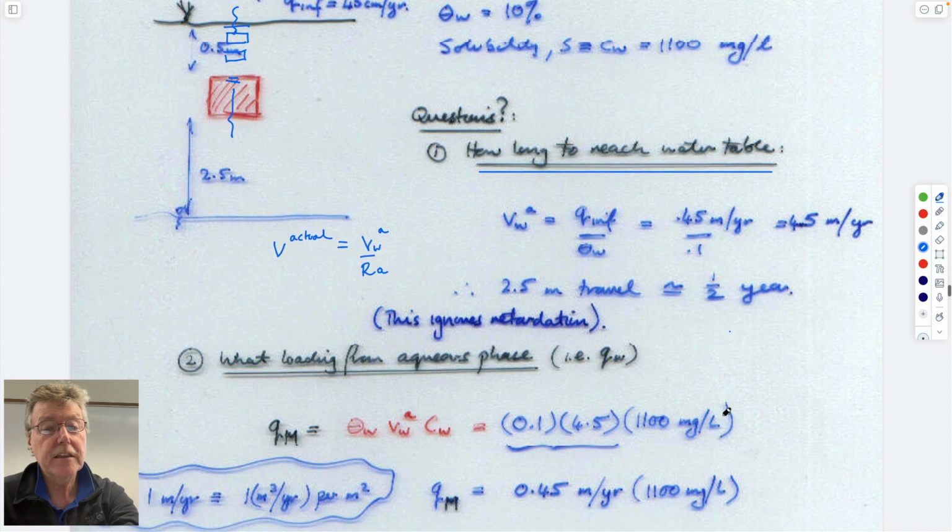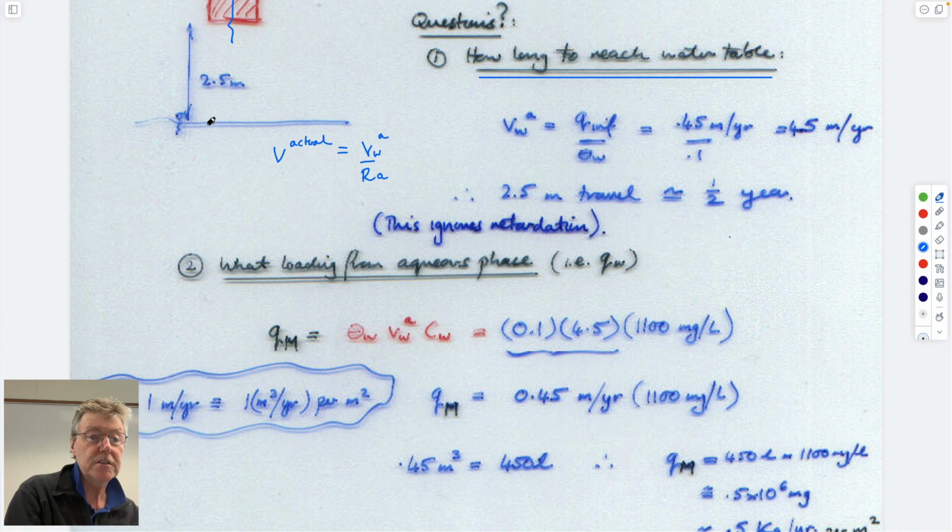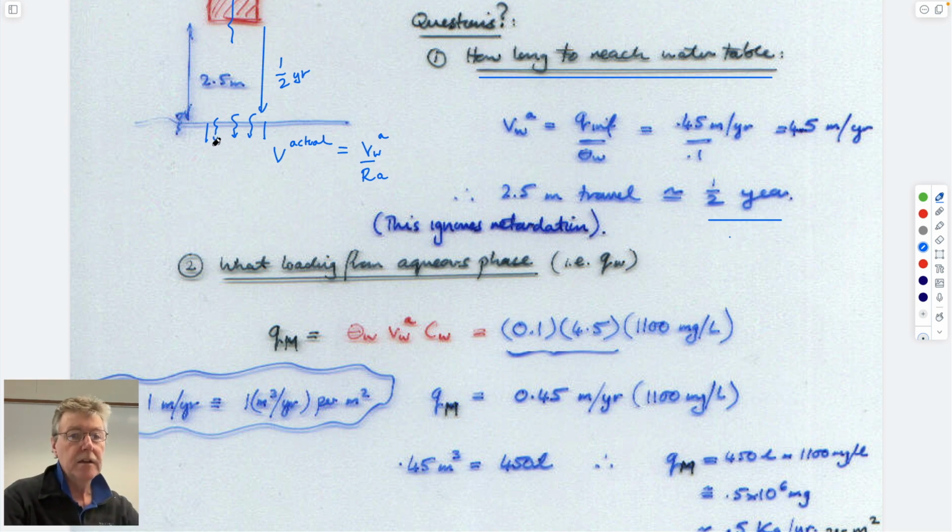And if we want to calculate the loading of that part of the aquifer, so how much stuff arrives here, then after half a year, which it will take to travel, right? The travel time is half a year. And then once it's half a year, the plume will have arrived. It will keep on arriving at that constant mass loading. It's going to be equal to the Darcy flux, which is just what?